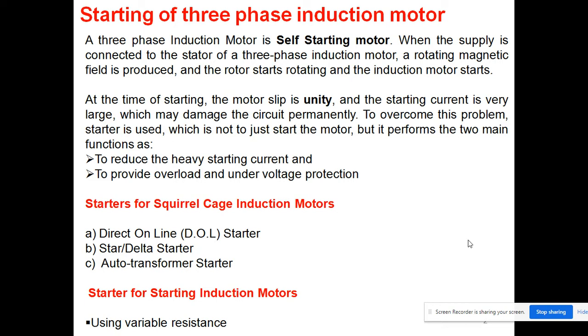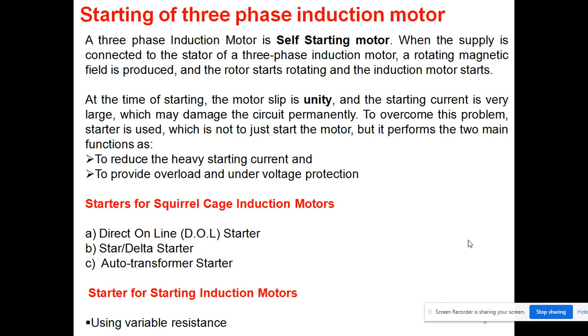As we have seen in our previous classes, at the time of starting, the motor slip is unity because at that time the speed of the motor is 0. So S becomes equal to 1 and the starting current is very high, which may damage our circuit permanently.